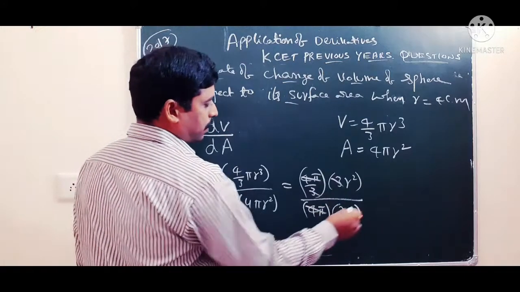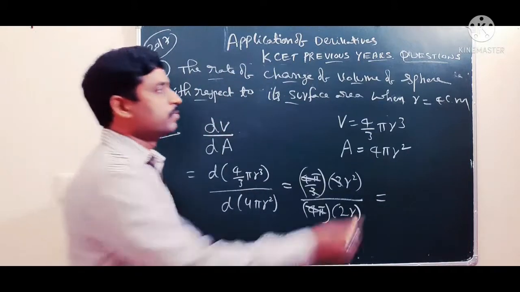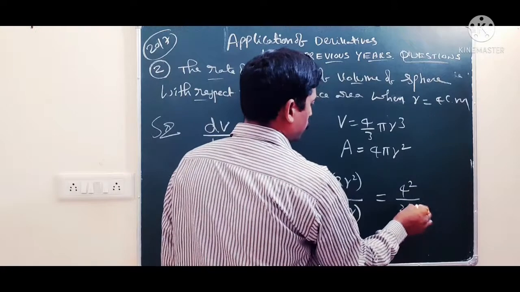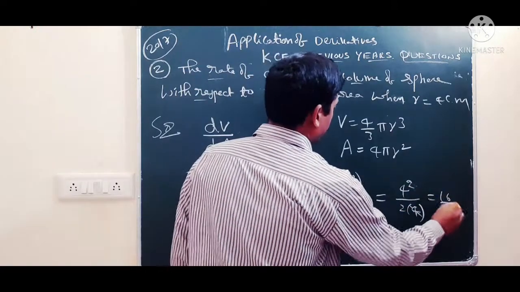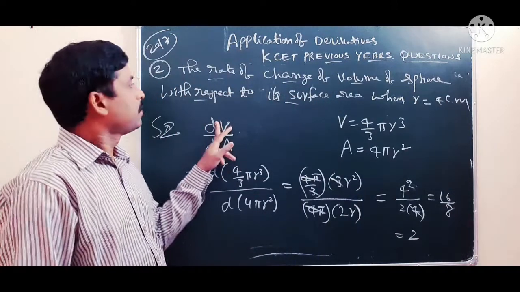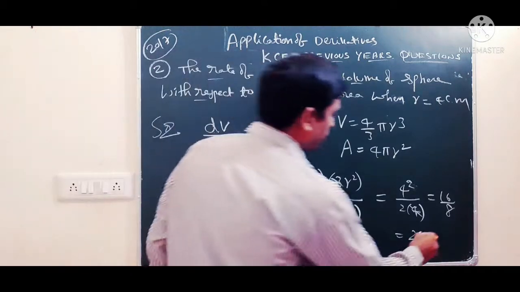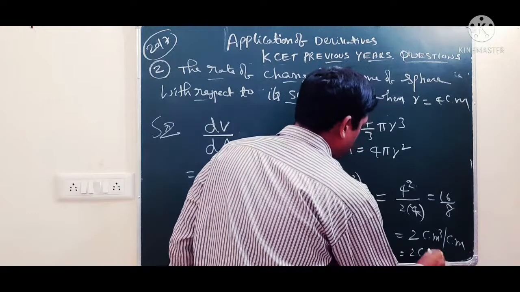Okay. Now, what r value is given? 4 centimeters given. So 4 square by 2 into 4, that is 16 by 8. So the answer is 2. Centimeter cube per centimeter square, centimeter cube per centimeter. This will be 2 centimeters, answer.